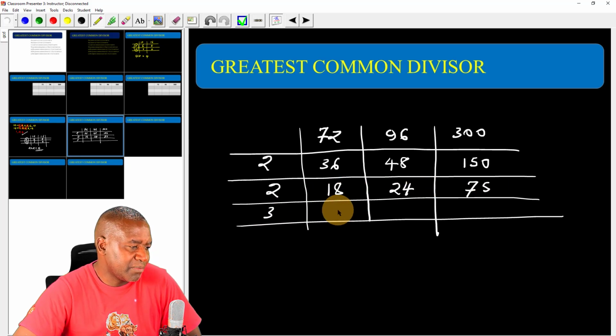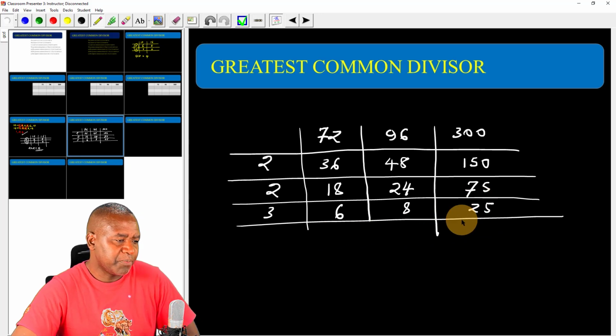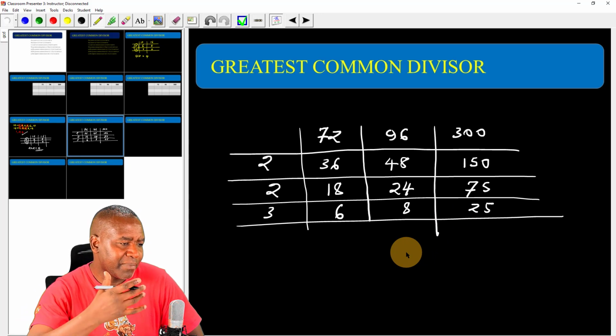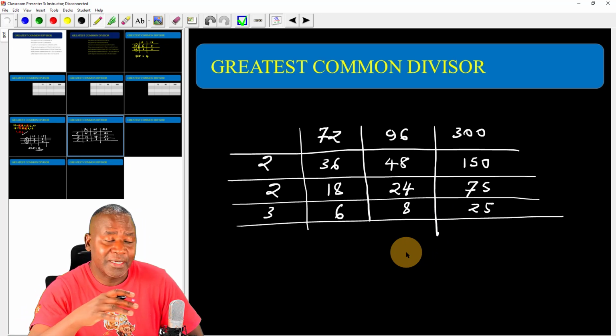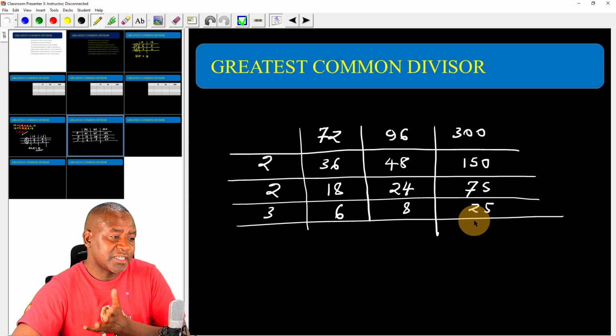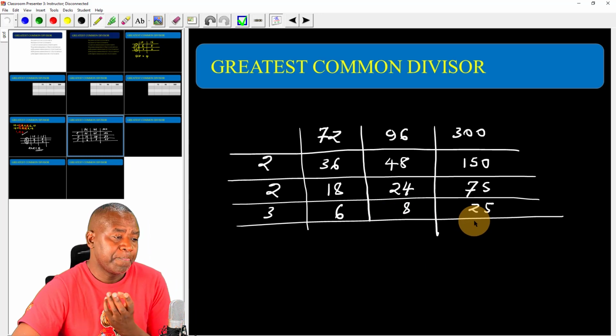So 18 divided by 3, I get what? I get 6, I get 8, I get 25. At this point, let's see whether we've got another number which can divide all these numbers, and there is none. At that point, I've come to the end, because when I look at 25, the factors of 25 are 1, 5, and 25.